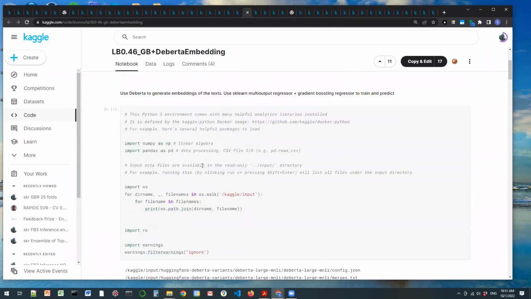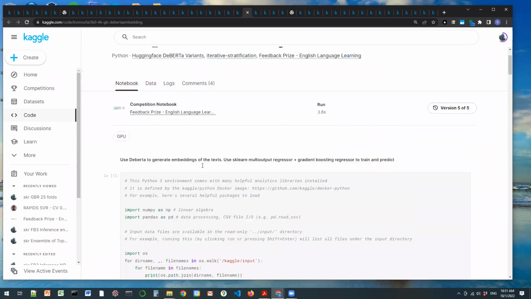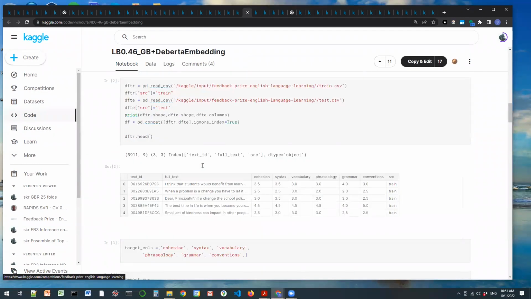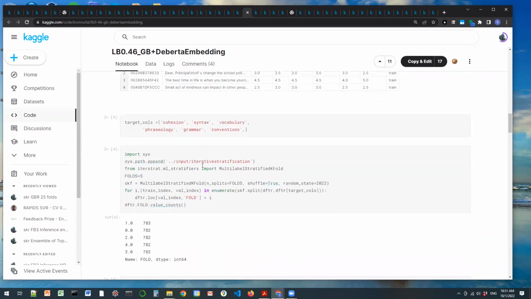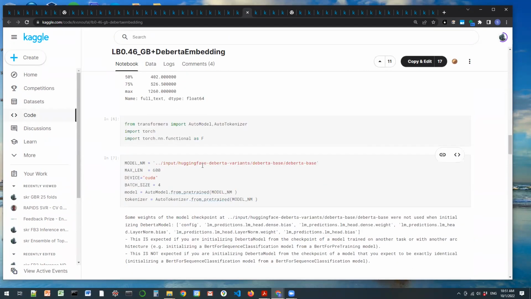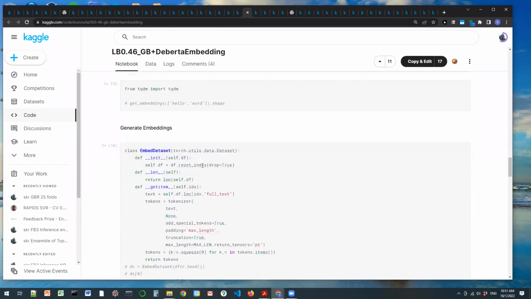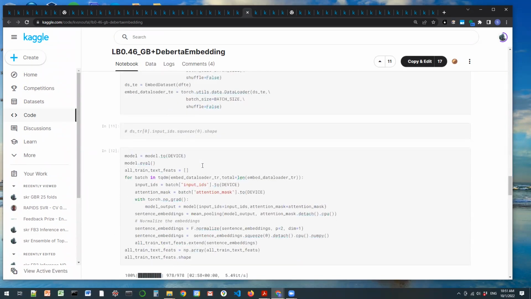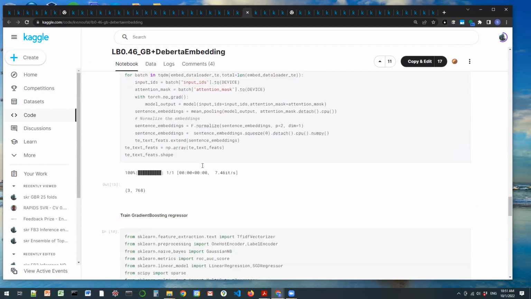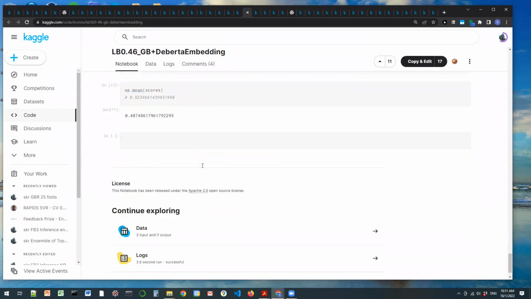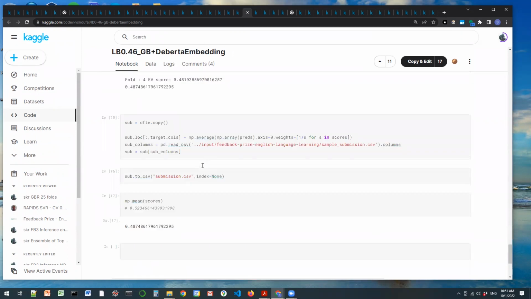Wait a minute. This is one. Let's see. Oh, so you've used only one embedding, I think, whereas that guy combines 4 sets of embedding.